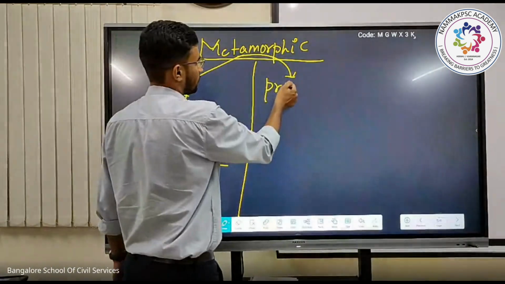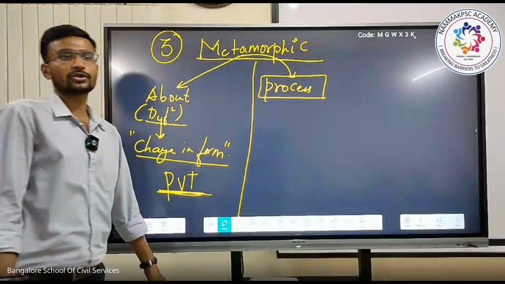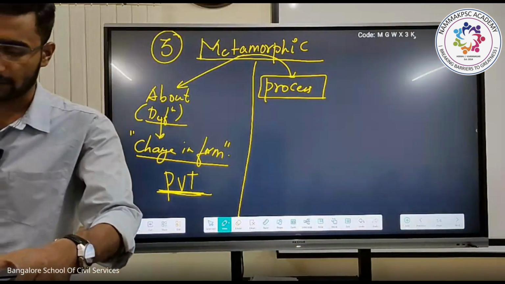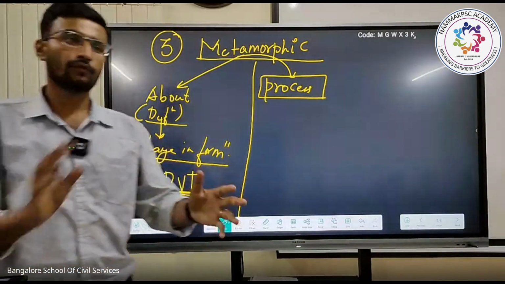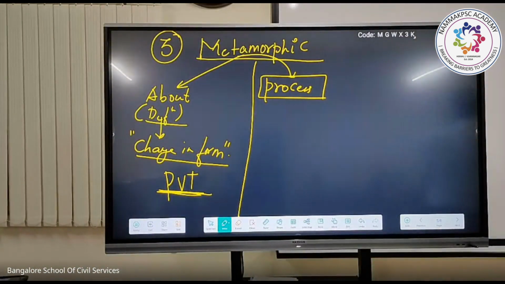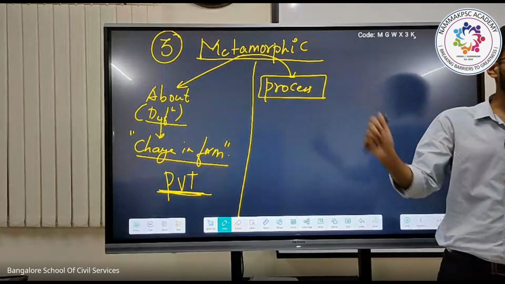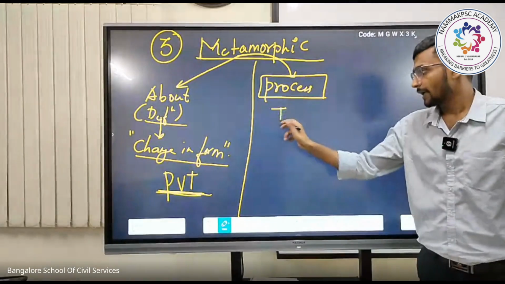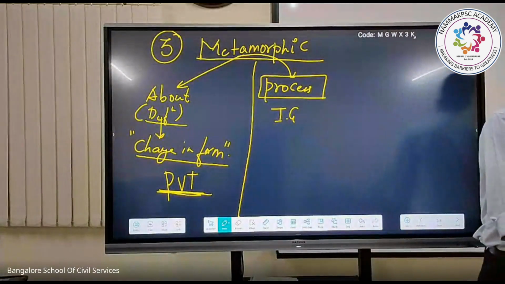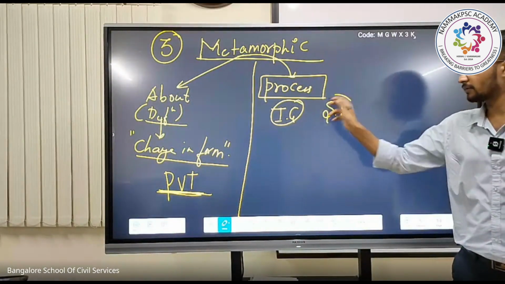The second major one is the process of metamorphic rocks. Now, what is the process of converting it into a different rock system? The normal rock can be both igneous rock as well as sedimentary rock.